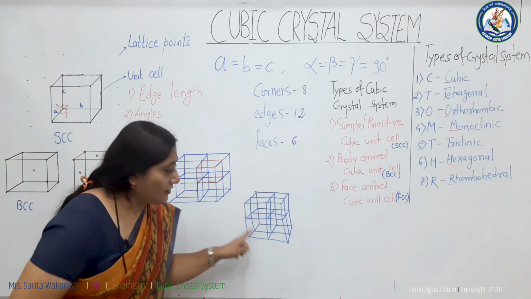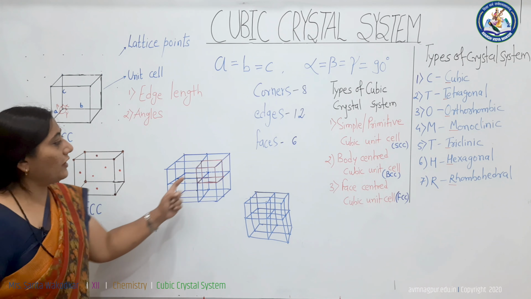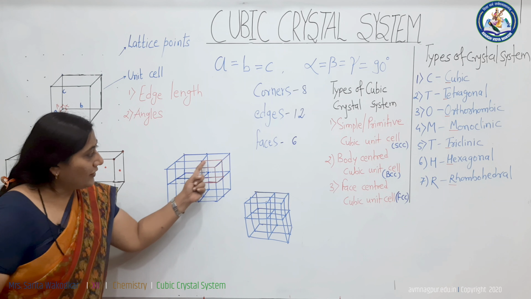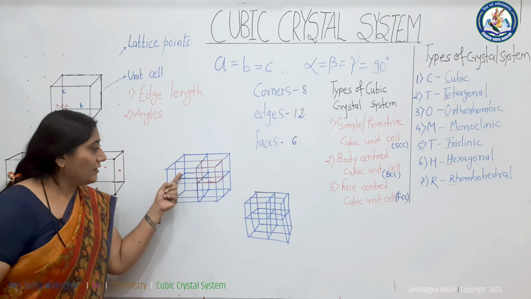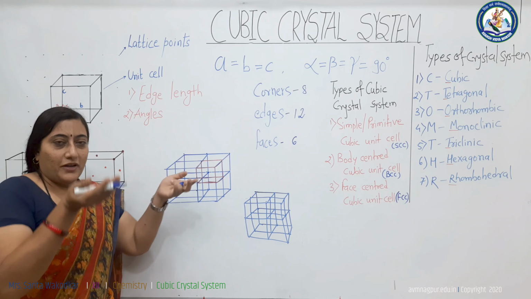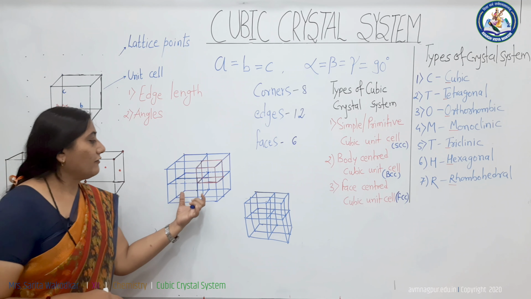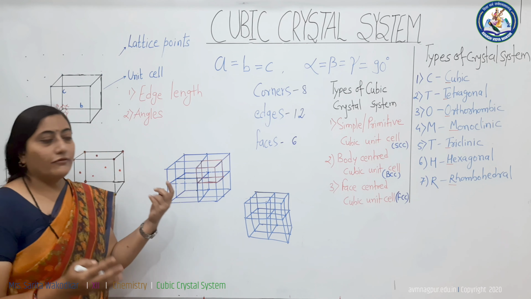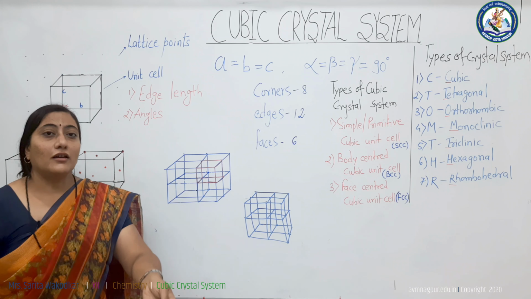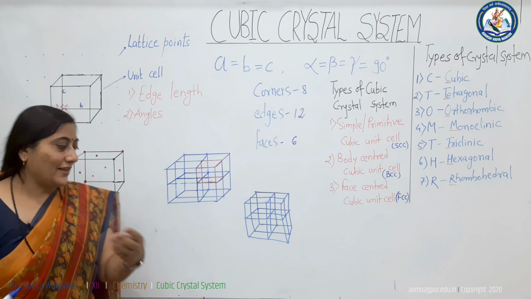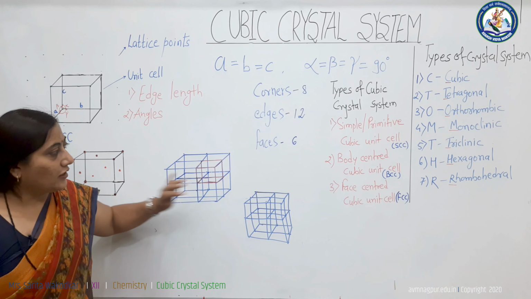If we consider the cube, this is a single cube. In this way this crystal lattice consists of 8 cubes.